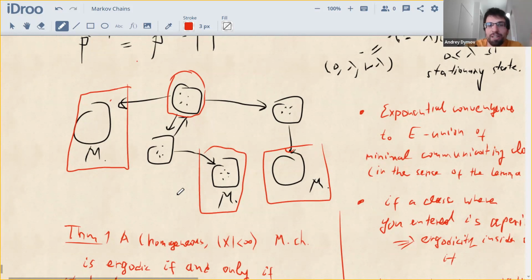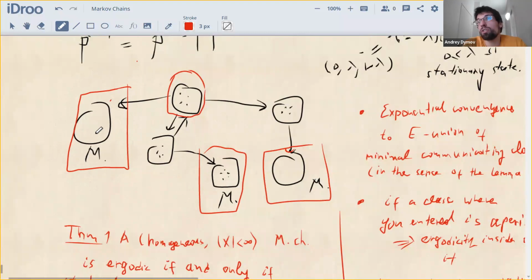In one stationary state, everything works well. In another stationary state, nothing works. And you are interested in with which probability you arrive to the good stationary state. This good stationary state is provided by some good minimal communicating class. So if you are here, it goes well. If you are here, nothing works. You're interested in with which probability you will arrive here. So this is a very reasonable question.